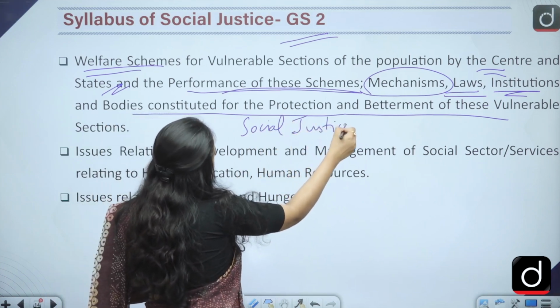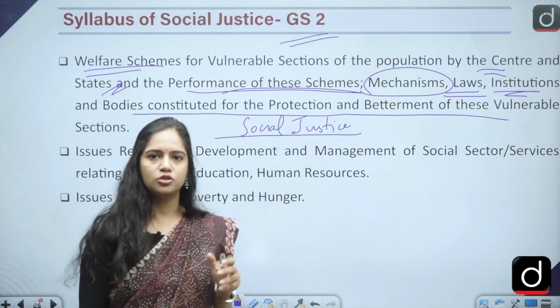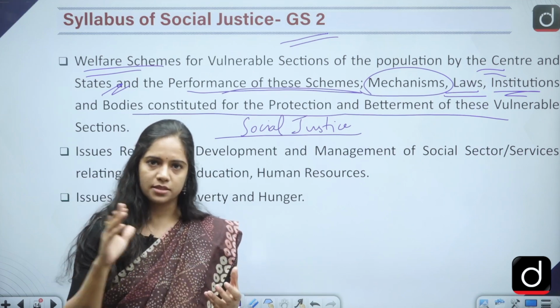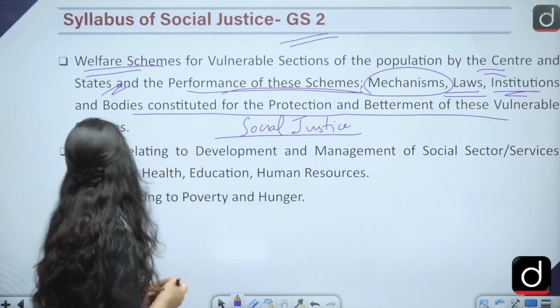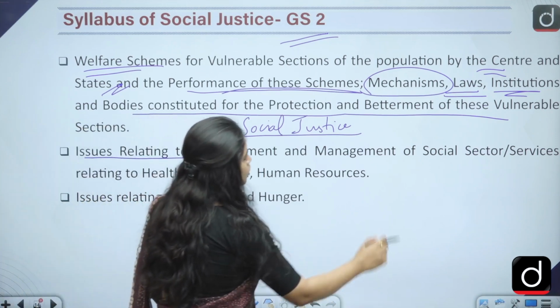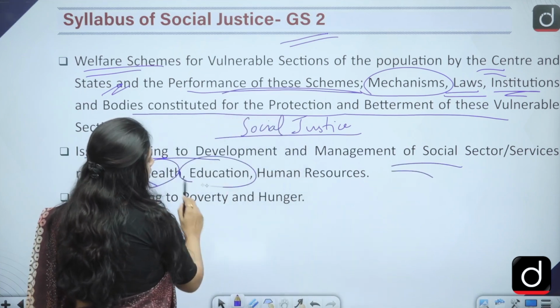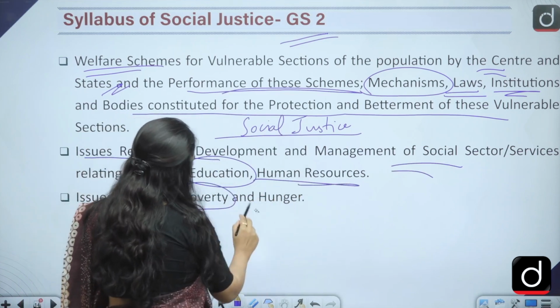Socially, you are doing justice only when the last man in your society is able to have enough rights and enough opportunities as is available to the Prime Minister of India. Okay. Then issues relating to development and management of social sector and services such as health, education, human resources, and issues relating to poverty and hunger.